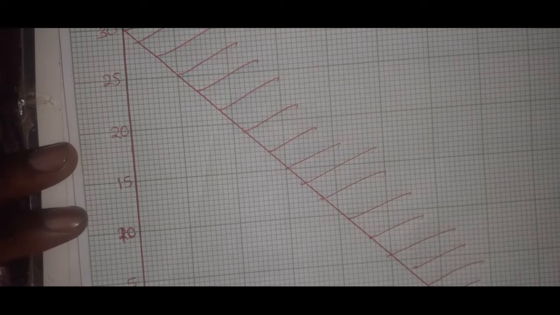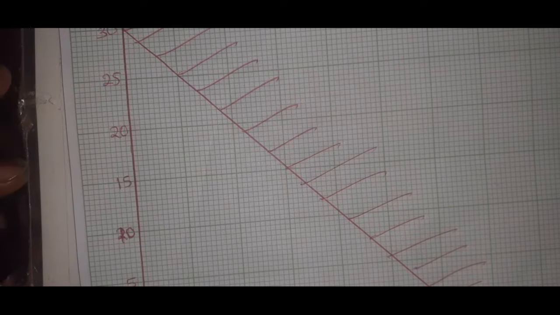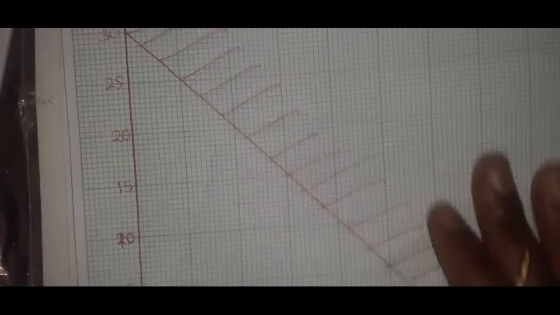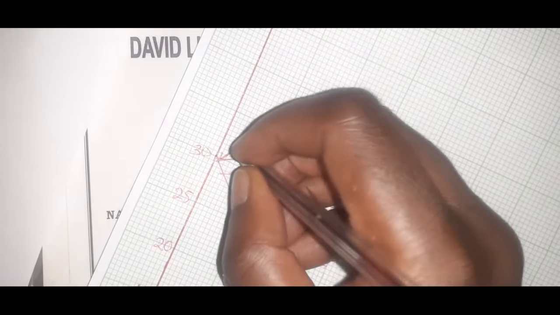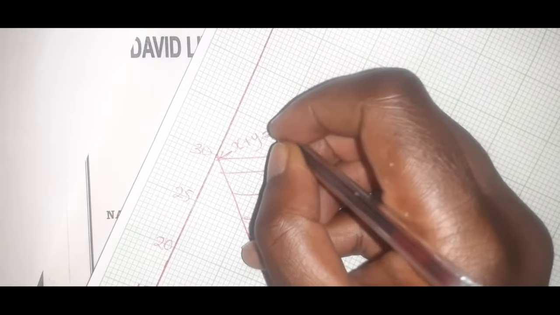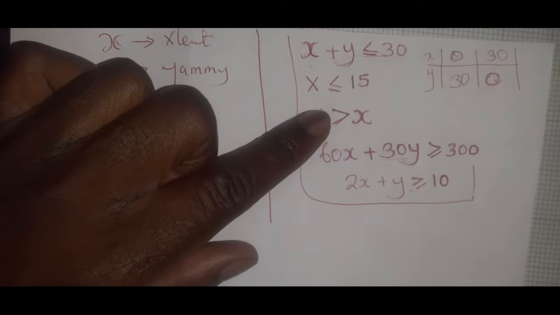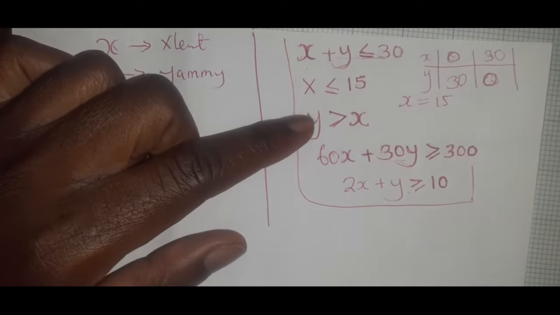Then we come to the other one. In terms of an equation, x plus y is equal to 30. Then we have the other one here, which in terms of an equation is x is equal to 15.